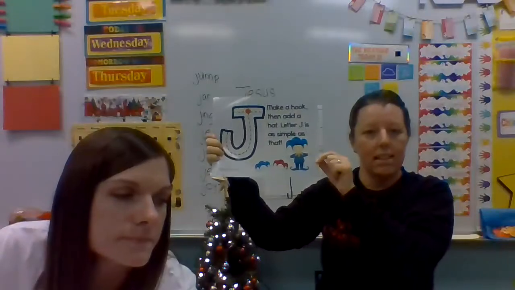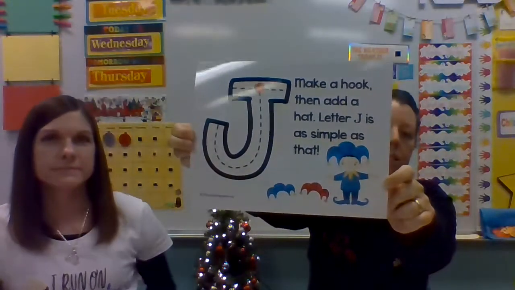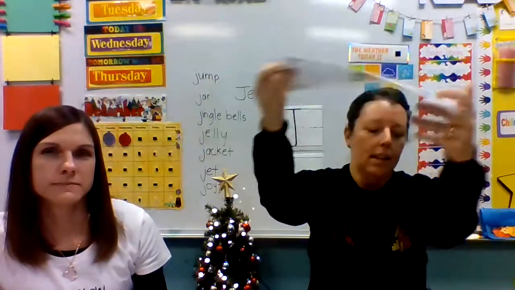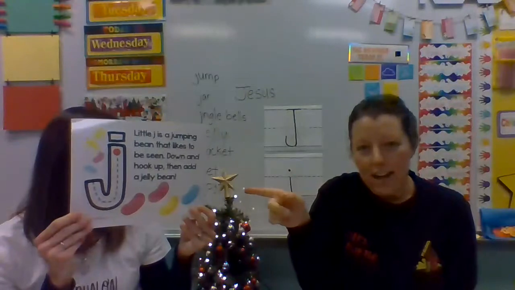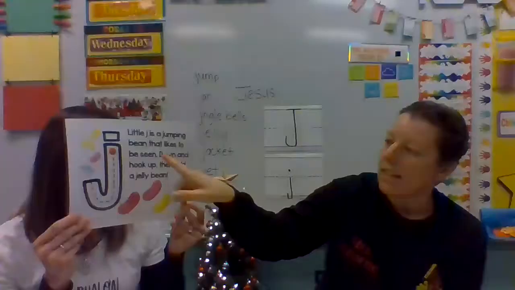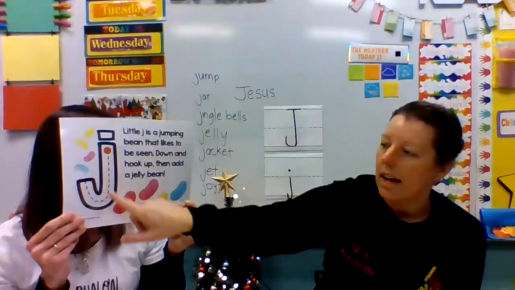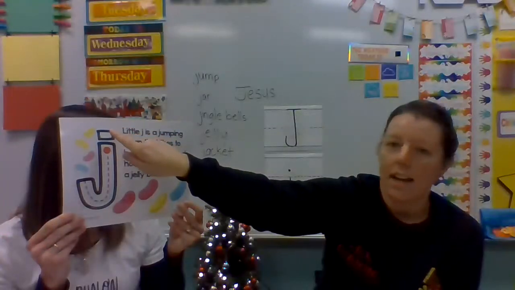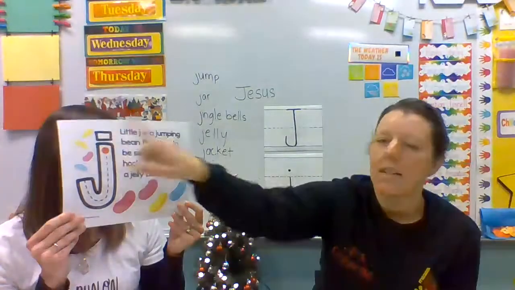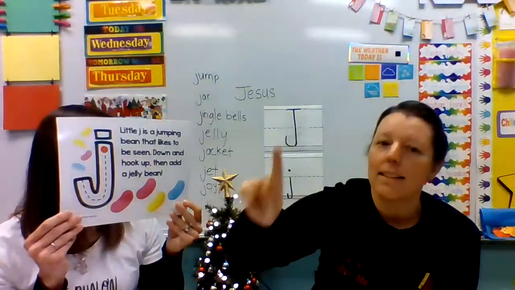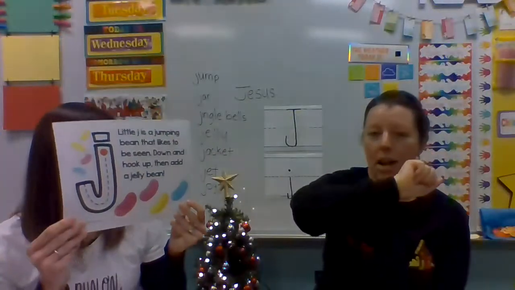Letter J is as simple as that. And then we have lowercase j. Little j is a jumping bean that likes to be seen. Down and hook up, then add a jelly bean, which just means, add a dot at the top. Just like we did with the letter I. Not a circle, a dot.